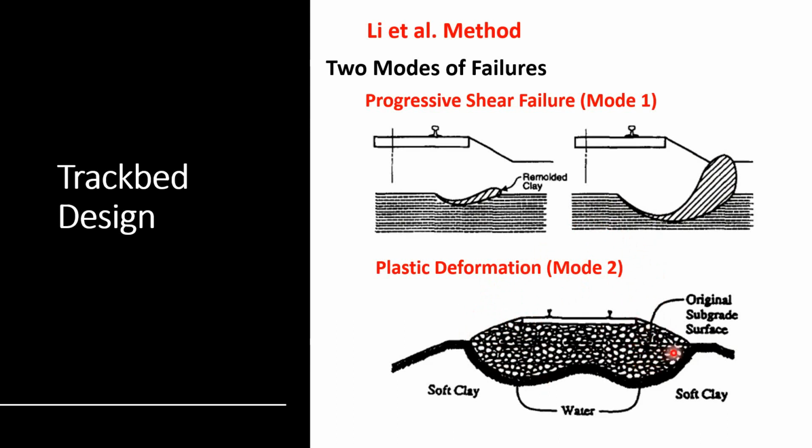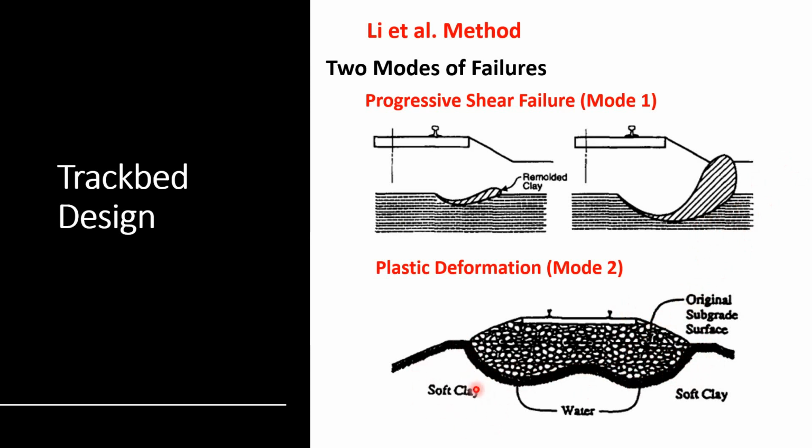And what this does is, because you've exceeded the plastic limit of your soil, you end up getting these concave shapes vertically or transversely, and also longitudinally along your track. You will have a Z shape of ballast basically sinking into your sub-ballast.